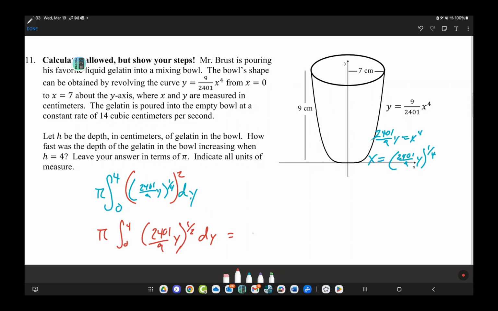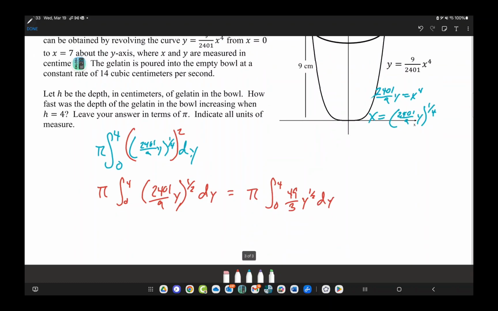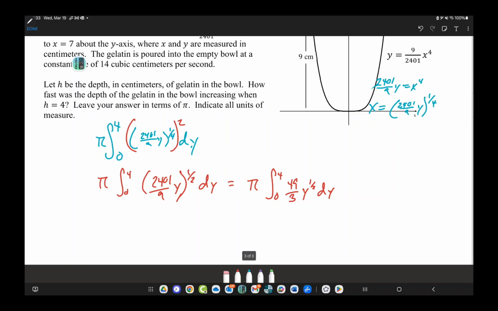So we can rewrite this as pi integral of 0 to 4 of 49 over 3 y to the 1/2 dy. So what is the integral of that? Because you can move the 49 over 3 out, can't you? So 49 over 3 pi.